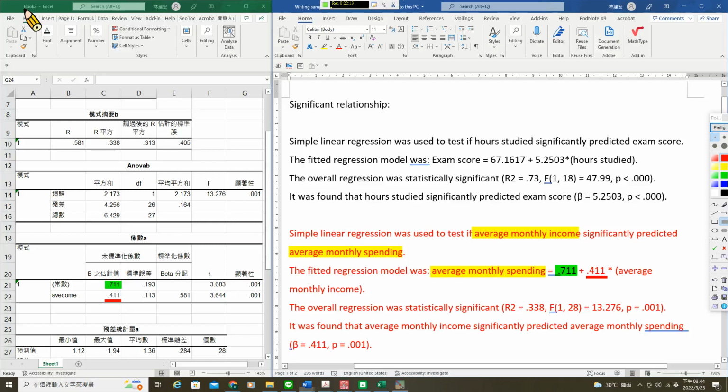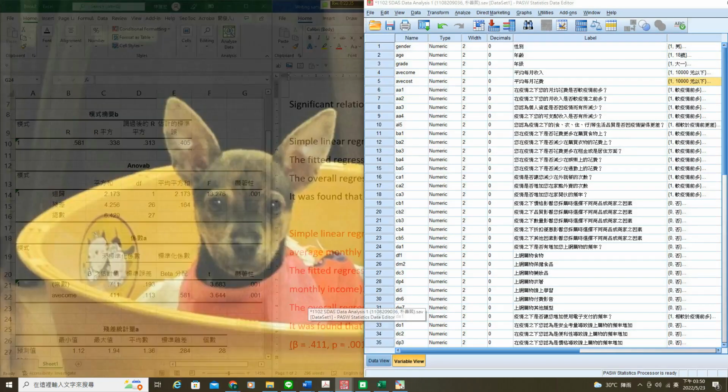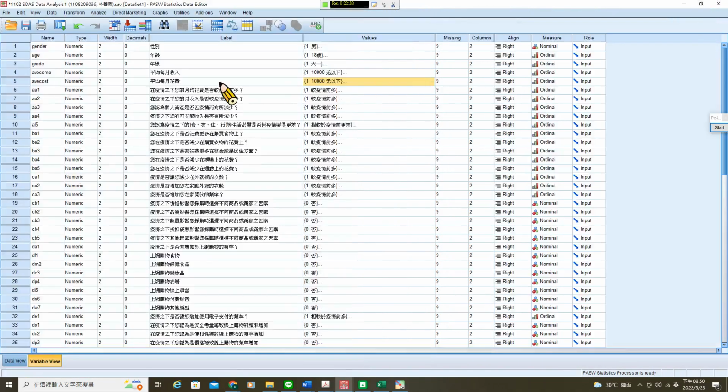Okay, now since we have finished the first round of roll call, let me explain to you. So we suppose that the average monthly income is 8. Then the predicted average monthly spending is 3.999. Let us go back to the original, this one. So look here. This is average income, right?